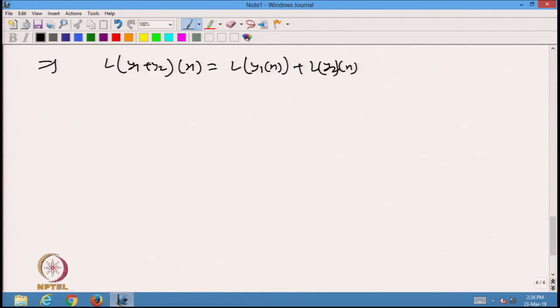So, after doing this, we can say that if this is satisfied, then L is a linear differential operator.